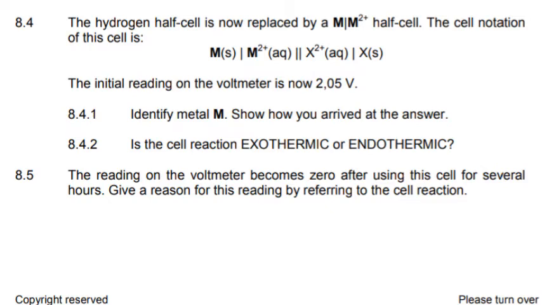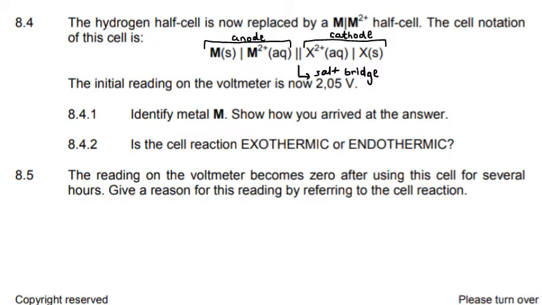The components of your cell notation are always such that the first part before the salt bridge, because remember that the double line is the salt bridge, is always talking about what's happening at the anode, and what comes after is talking about what's happening at the cathode.